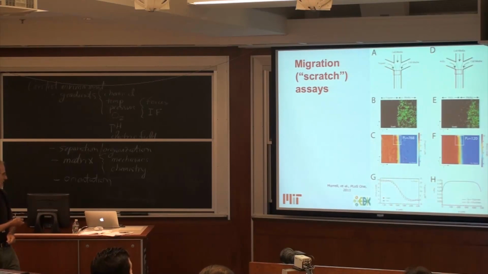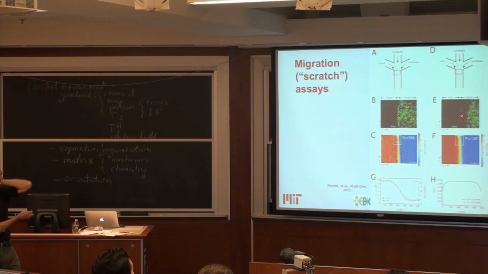Well, here's an experiment that Mike Morrell did a couple years ago and just published last year. He produced essentially the same type of wound by introducing trypsin that just lifted the cells off the substrate rather than killing them. So he could do this in a way that was non-damaging to the cells, and then he looked at the migration of the cells. He also introduced hydrogen peroxide in a gradient, by introducing it into one of these channels and regular cell media in the other two channels.